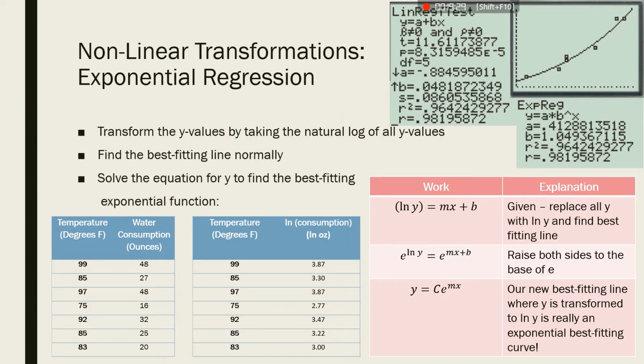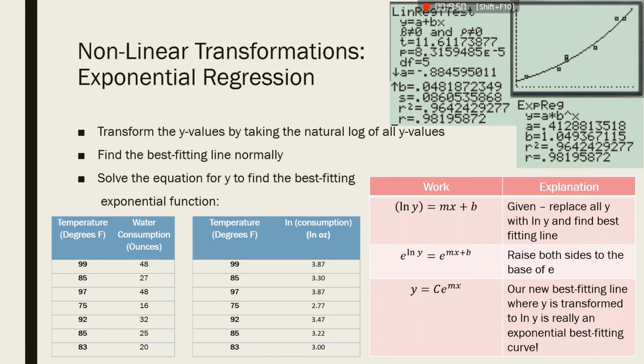Okay, so now we start to get a little bit more advanced. Instead of getting a best fitting line, I want to get a best fitting curve. So to get a best fitting curve, I'm going to work through 3 different types of transformations that we can do today. So let's say I wanted my best possible exponential function that could fit the data.